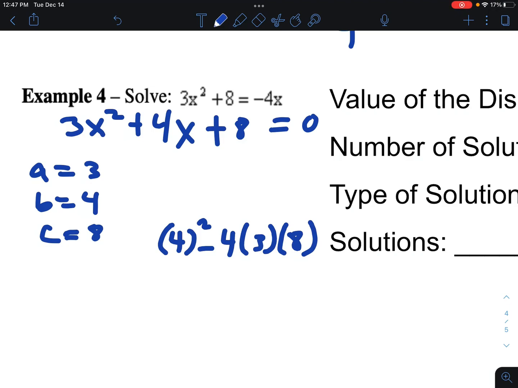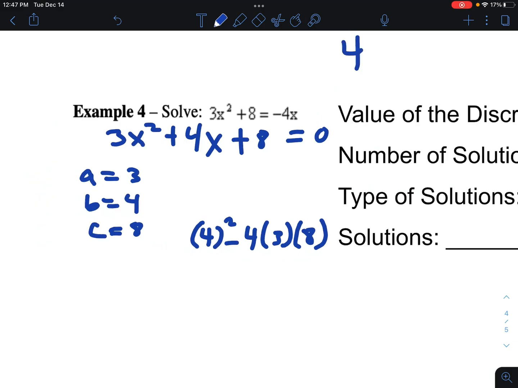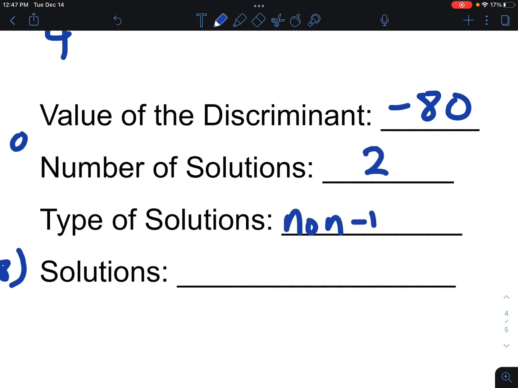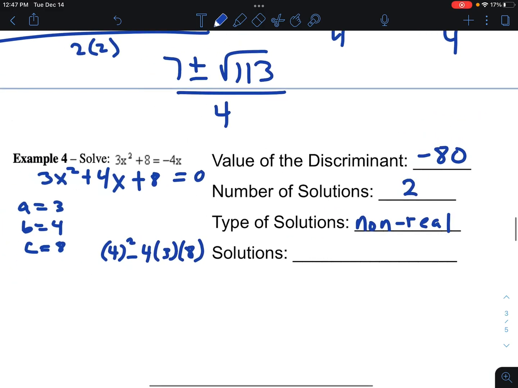Right, and then 16 minus 96 is what that ends up being, which gives us negative 80. So the value of the discriminant is negative. Number of solutions, 2 non-real, 2 imaginary, 2 complex would be the words to use.